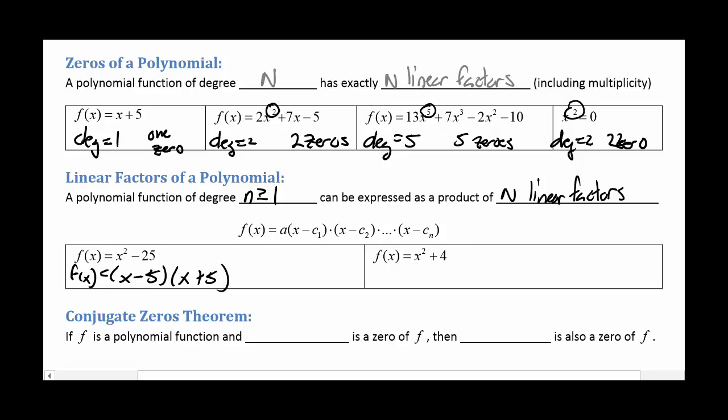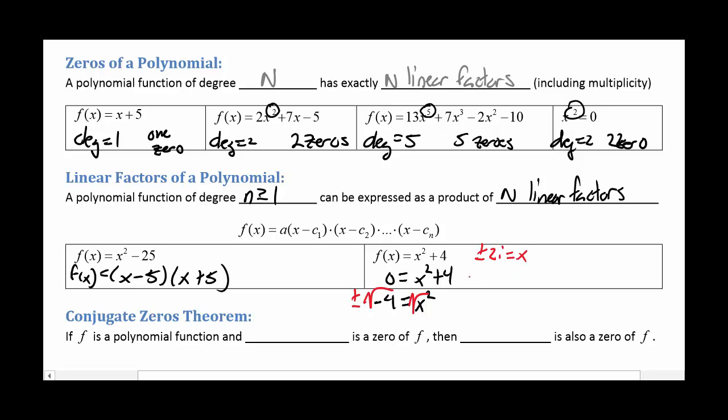If over here we have x squared plus 4, I can solve for 0 for a second. Now it's not factorable, but if I bring the 4 over, what can we do? We can take the square root of both sides, gives us plus or minus. And what's the square root of negative 4? That's 2i.